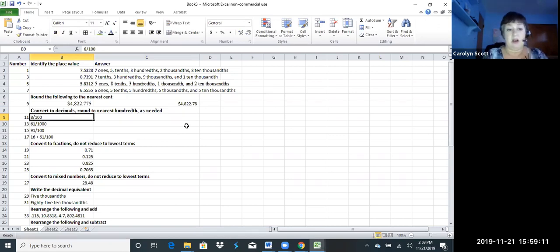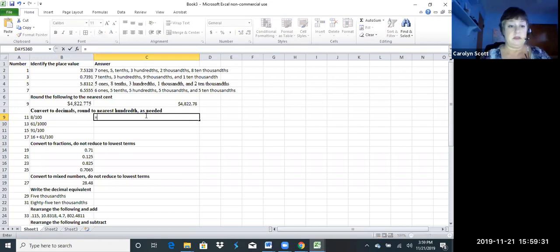Now we're going to get back to talking about numbers, but now we're going to convert fractions to decimals. 8 over 100 looks a lot like 8 divided by 100, because that's exactly what it is. You could just do that in your calculator, but to do it in Excel, I just do this.